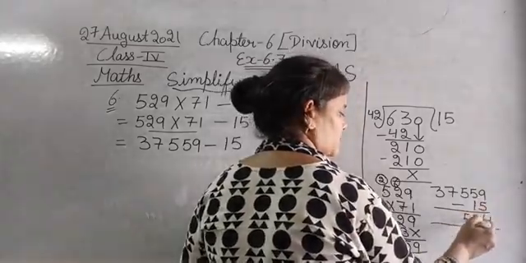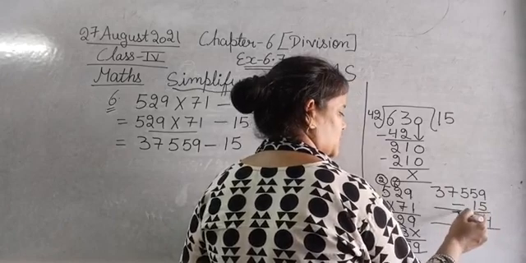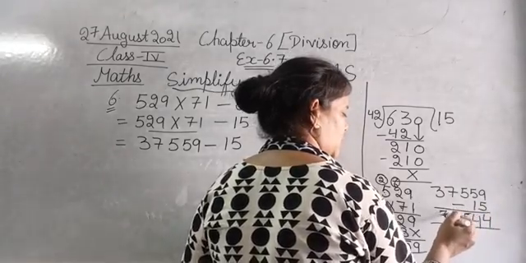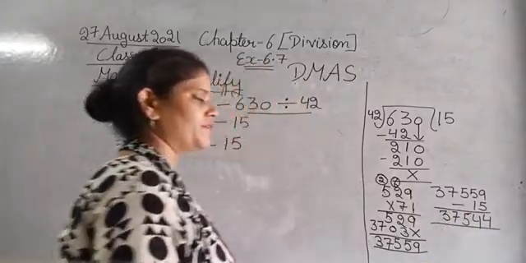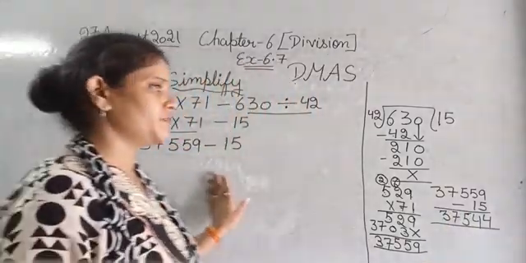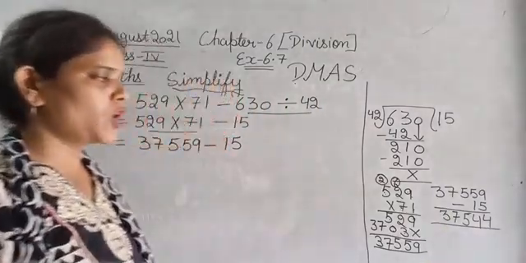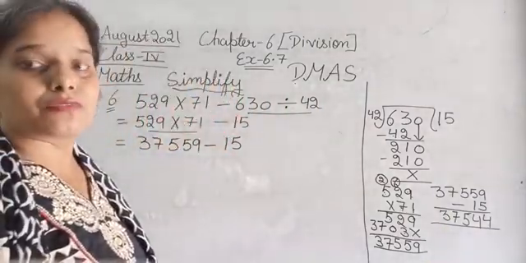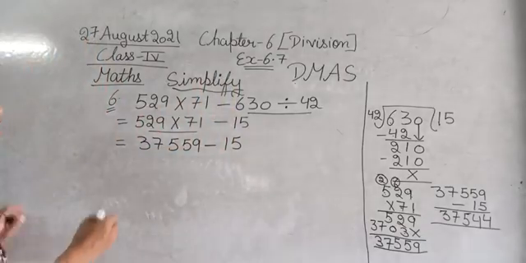This is 5, 7 and 3. So after subtracting 15 from 37,559, we got 37,544.